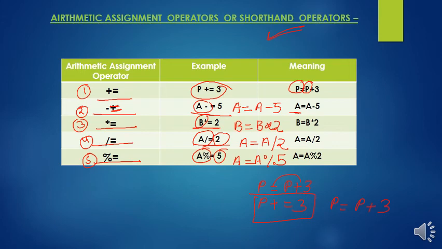All these are arithmetic operators: plus, minus, multiplication, division, and mod. And when you apply the assignment, meaning equal to, it is known as an assignment operator in Java. So they form what? Arithmetic assignment operator.